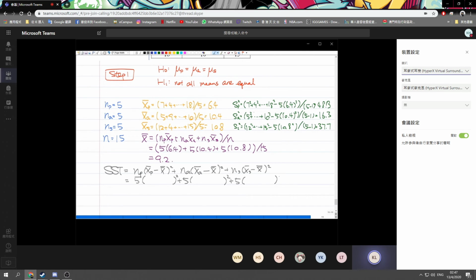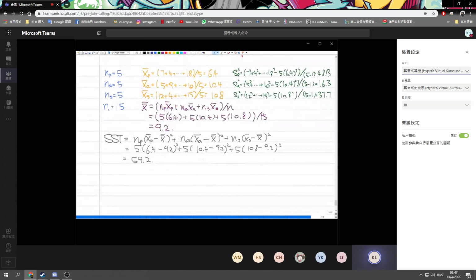So all you need to do is just to do it systematically. Now each time we subtract the grand mean, 9.2. Then we substitute the means one by one: 6.4, 10.4, 10.8. That gives us, sorry, 59.2.